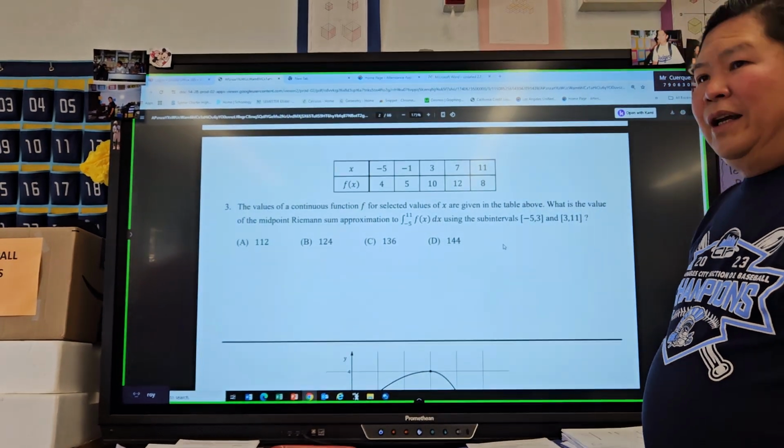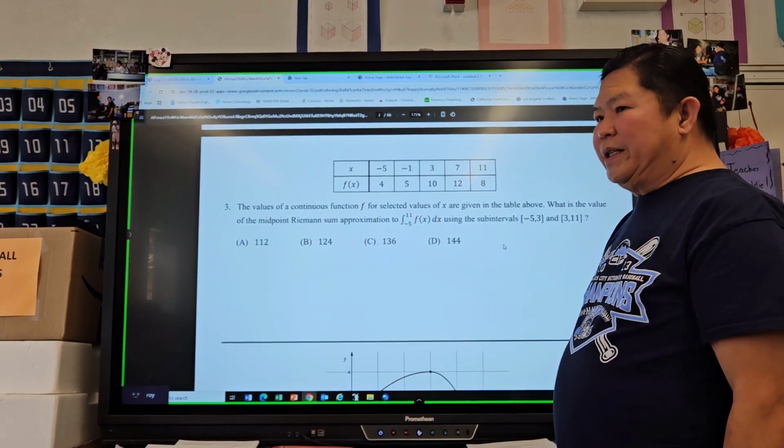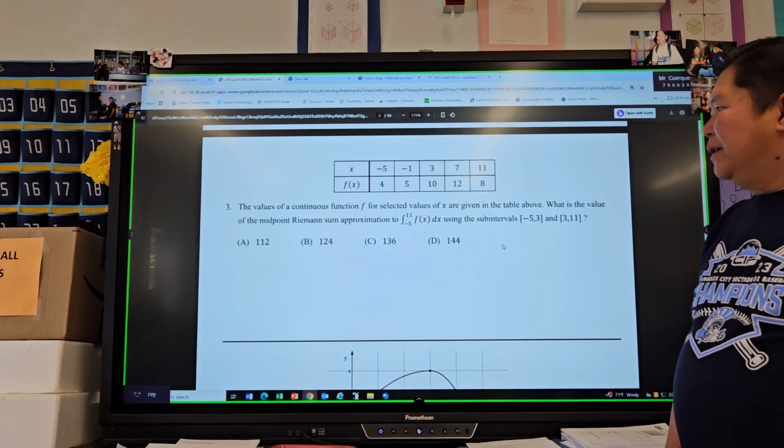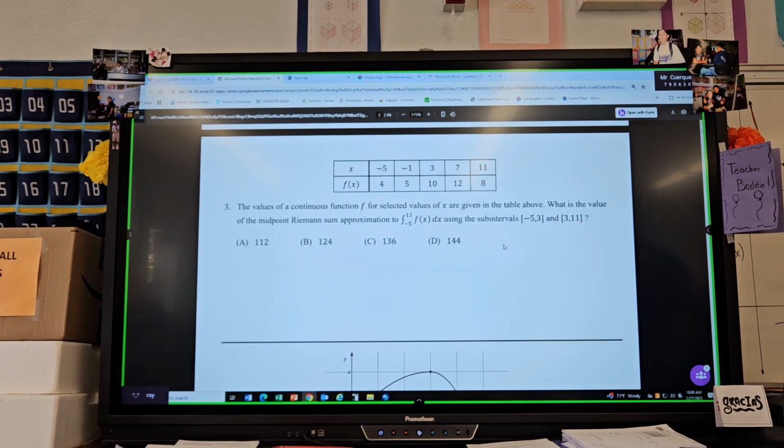Okay. So, Melody, can you read the problem for me, please? The values of a continuous function f for selected values of x are given in the table above. What is the value of the midpoint Riemann sum approximation to the integral from -5 to 11 of f of x dx using the subintervals -5 to 3 and 3 to 11?